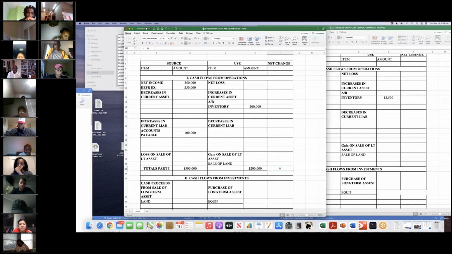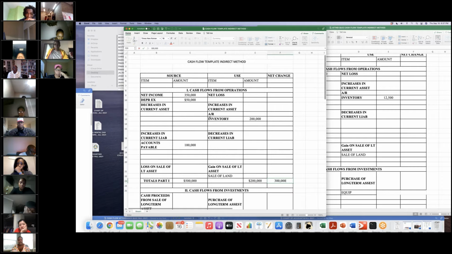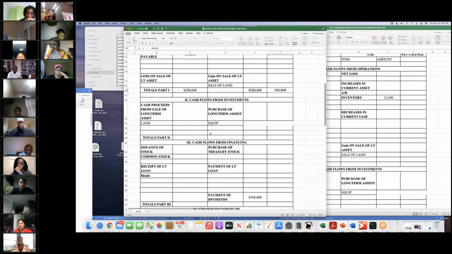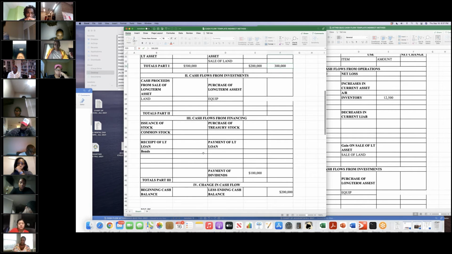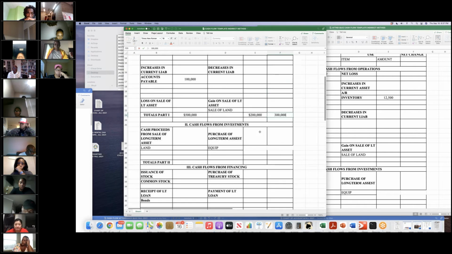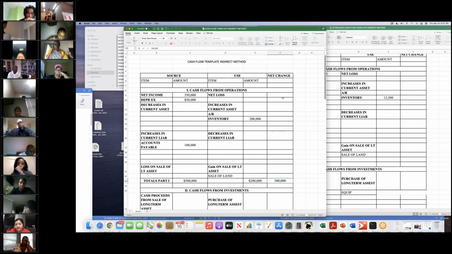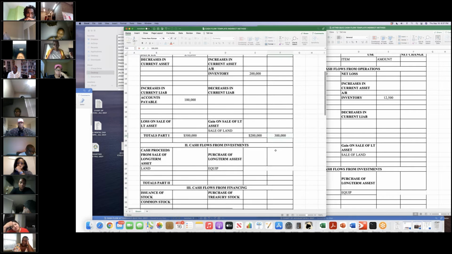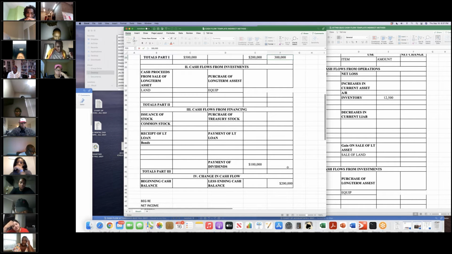Your net change is 300,000. That's all you're doing: adding the sources, adding the uses, and taking the difference. You do that in each part one, part two, and part three. When you combine parts 1, 2, and 3, the impact of those changes should equal your change in cash.